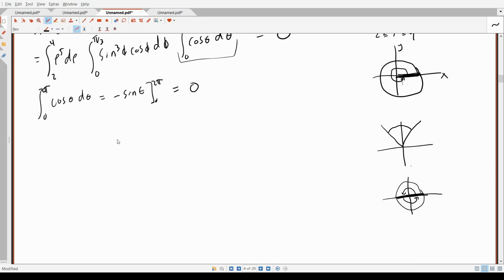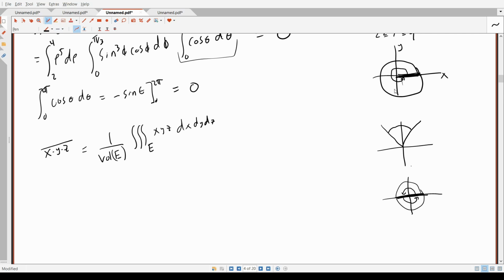If I was to do 1 over the volume of E times this integral of xyz dx dy dz, what this represents is the average value of x times y times z over that region.